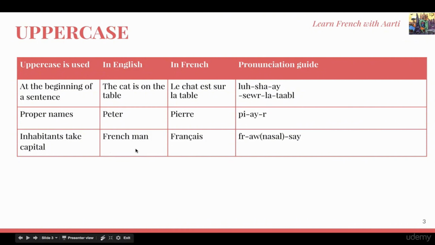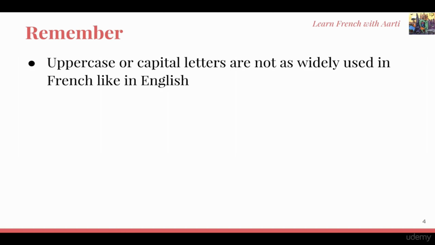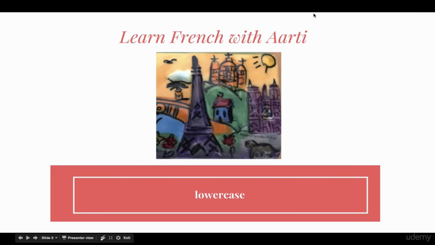Inhabitants take a capital, like in Français, which is the Frenchman, or Française, which is French woman. Uppercase or capital letters are not as widely used in French as in English.